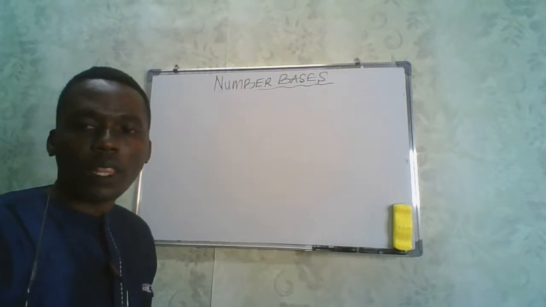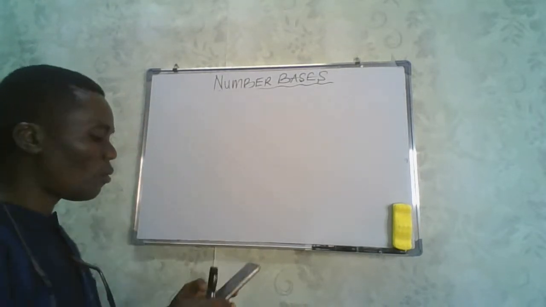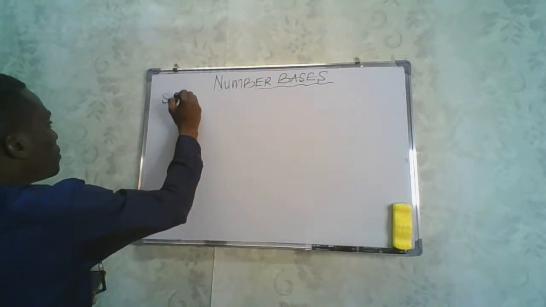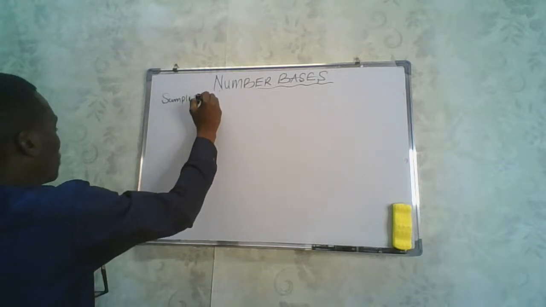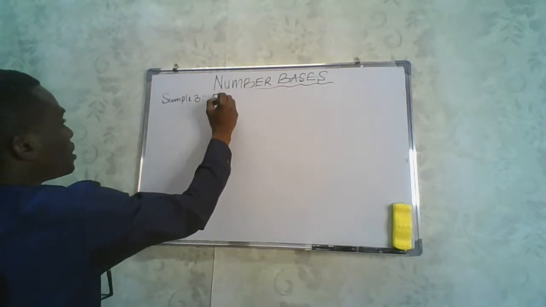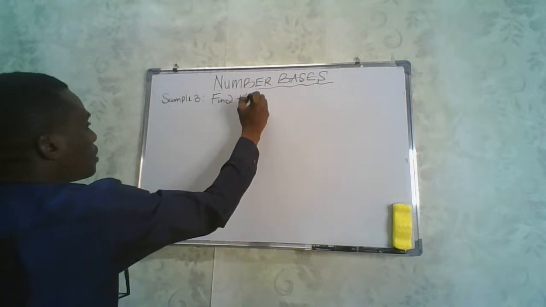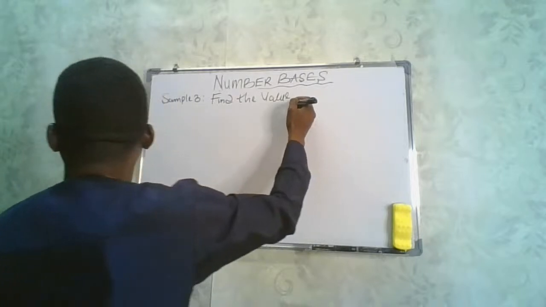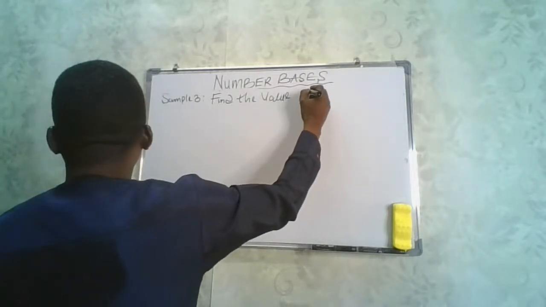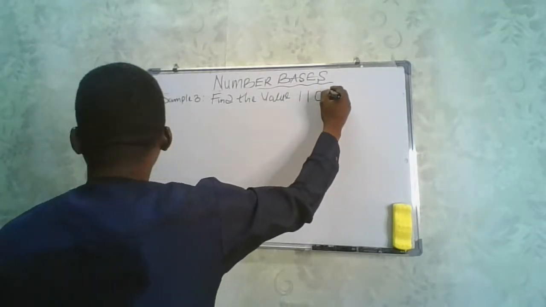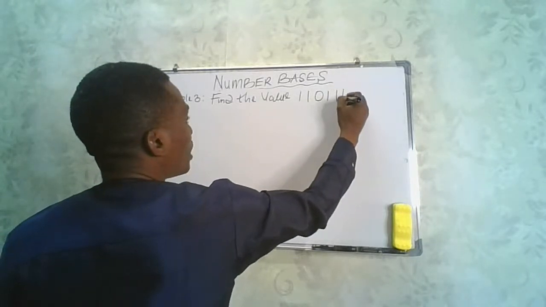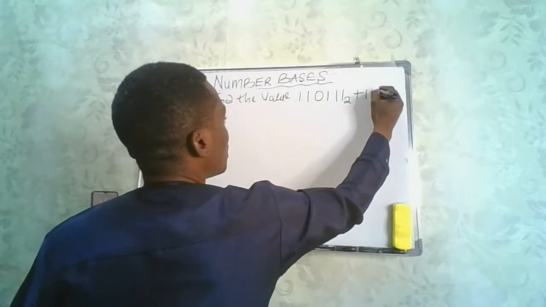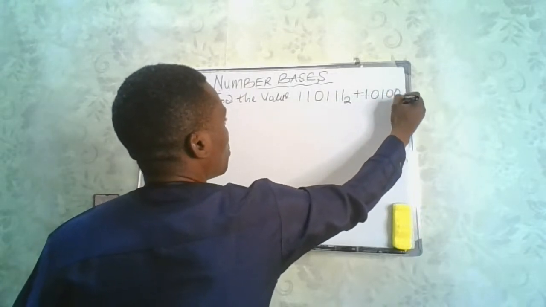Now, in the third question, we are asked to find the value of 110111 in base 2 plus 10100 in base 2.